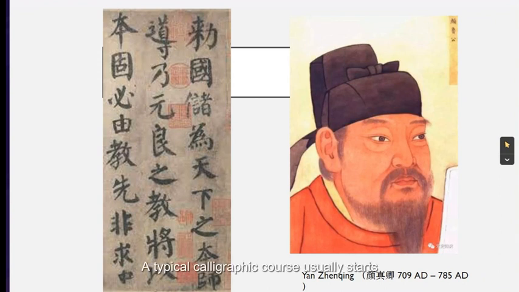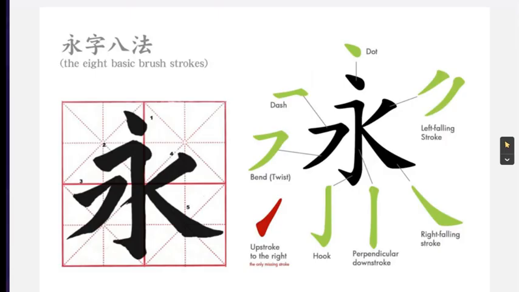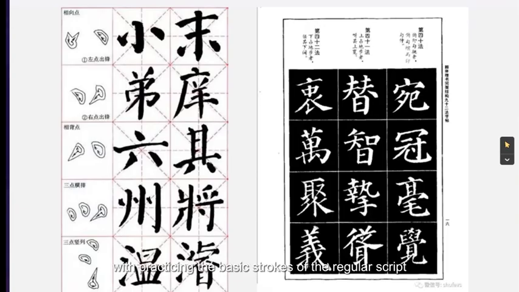A typical calligraphy course usually starts with practicing the basic strokes of the regular script, then gradually learning the various combinations of strokes, and then learning to write individual characters, and then writing lines of Chinese characters.